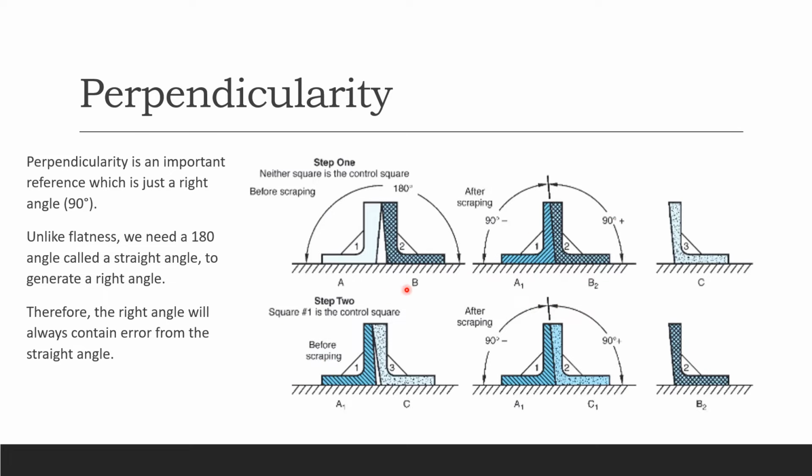Meaning, since the right angle is generated after we build this 180 degree surface, everything that we get wrong in making the 180 degree surface is going to affect the right angle. Okay, so the error, as you know, you can pass the error from one instrument or one object to another.